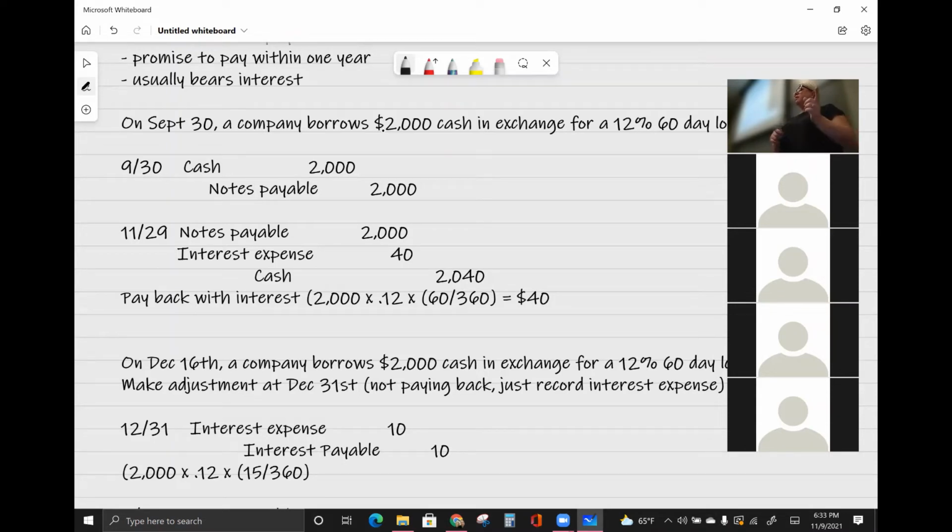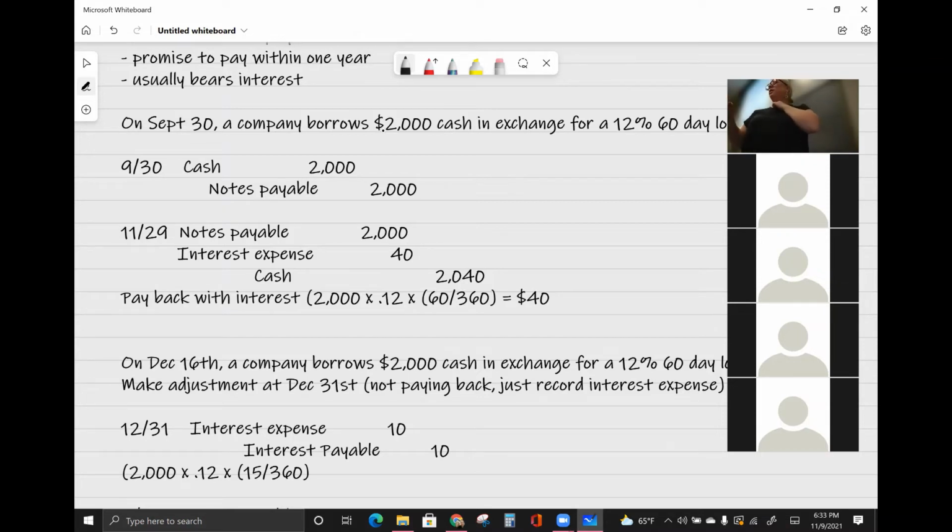All right, so we have the note on our books. Now the 60 days has gone by. I have to pay 12%. 12% is an annual number. I didn't borrow the money for an annual time period, right? I only have it for 60 days. So remember, whenever we're doing banking transactions with interest, we want to use that 360 for the year.